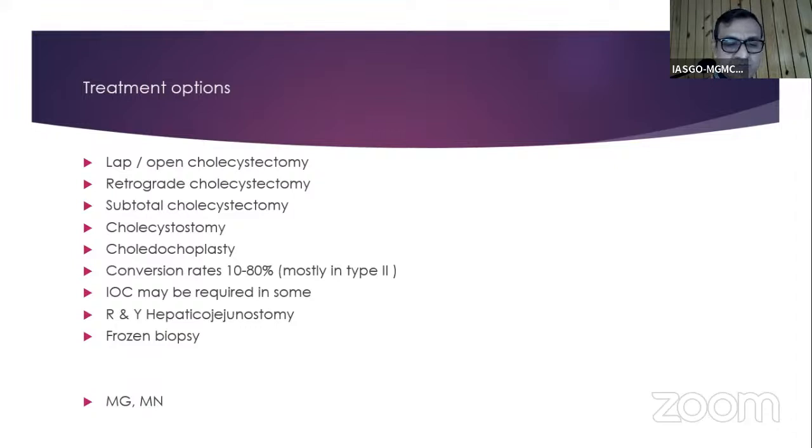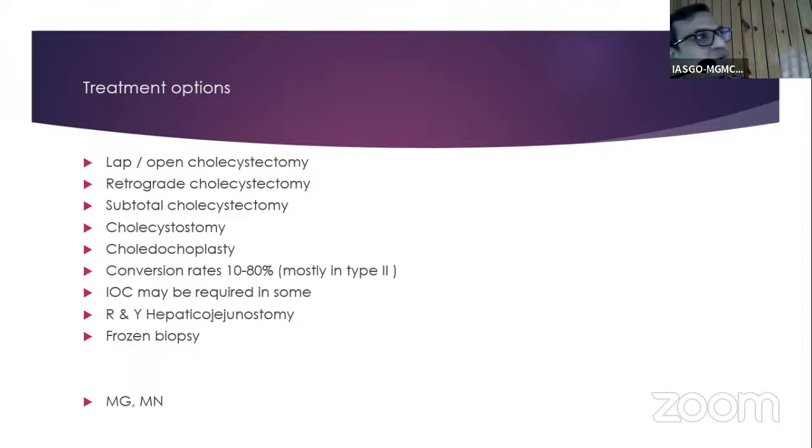Depending on that, one must be aware of this entity, keep reading about it, and also not burn their hands in this type of disease, because once you remove the stone... So what would be your choice, sorry for interrupting, when would you select laparoscopic cholecystectomy in Mirizzi syndrome? For type one, laparoscopic cholecystectomy with stone extraction is sufficient, but for others, cholecystectomy and suture laparoscopy.